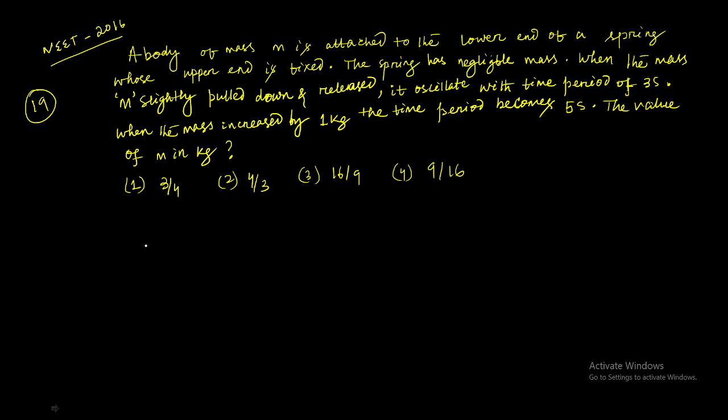So, first of all, this is a spring mass system. So, initially T equal to 2 pi root over m by k. Now, finally T dash is equal to 2 pi root over m plus 1 by k, the 1 kg is increased.